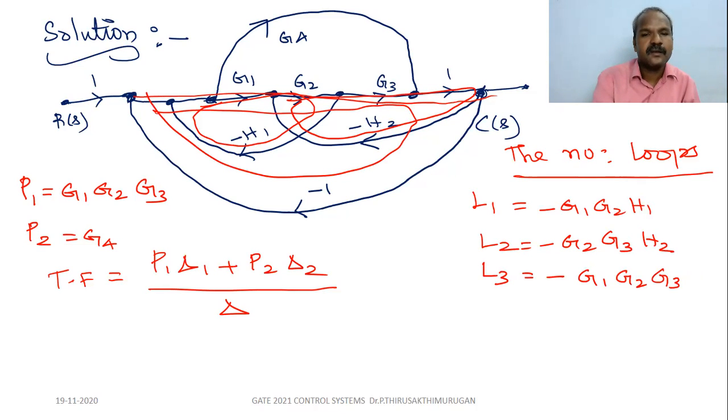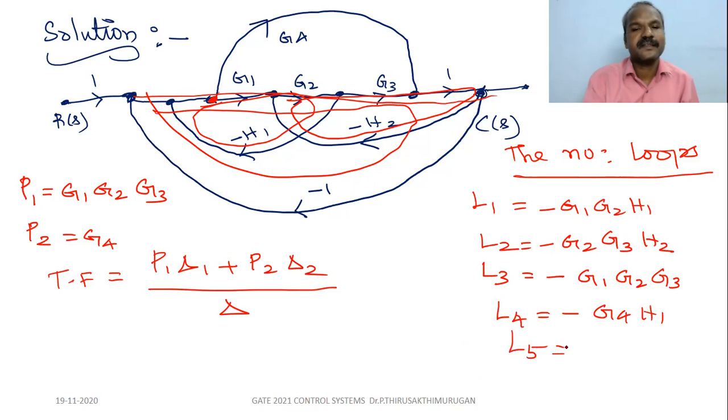From this junction, G4 with minus H1, so L4 equals minus G4 H1.